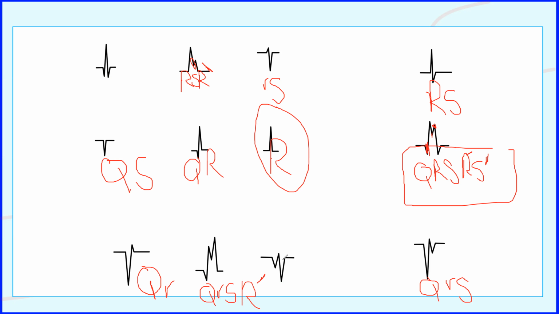Okay, what about this QRS complex here? We have a Q wave first, and after that there is a small r, and after that there is a deep S, so a capital S as well. So it is QRS. Okay, what's the difference between this QRS complex and this one? Actually, nothing.